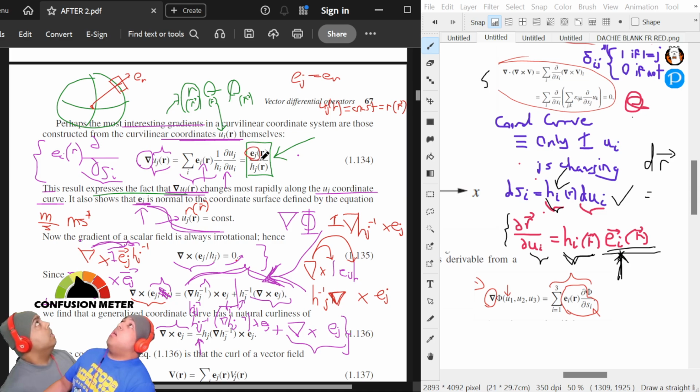I think what this is getting at is that at the end of the day, when you sum up all these terms, it will end up pointing back in the direction of u_j, which is e_j.